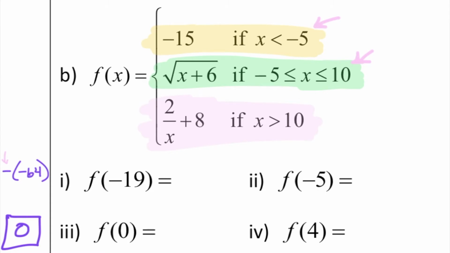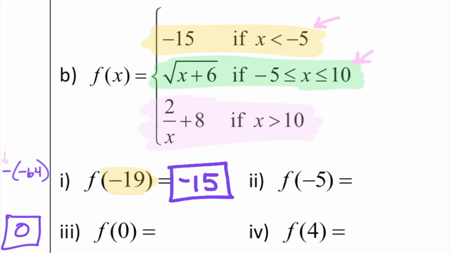So in number 1, negative 19 is most definitely less than negative 5, and so negative 19 is going to get plugged into the first equation, but wait, there's no plugging in that needs to happen. Your answer is just negative 15.